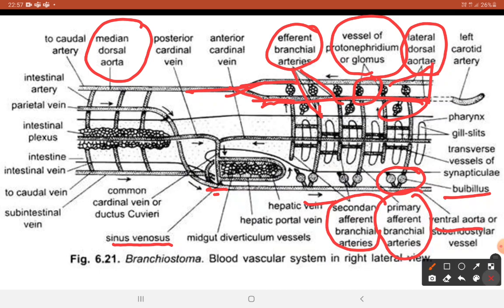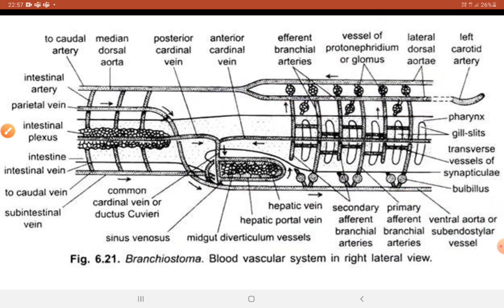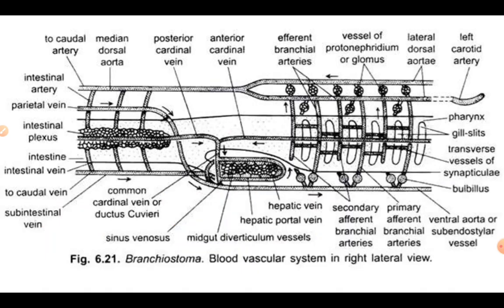Yes. Now let us learn about the dorsal aorta. We said this dorsal aorta is formed by two longitudinal vessels, the right and the left lateral dorsal aorta, which lie one on either dorsolateral side of the pharynx, and they continue anteriorly as internal carotid arteries to supply blood to the oral hood.